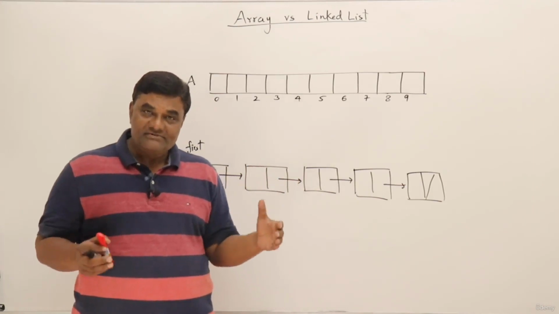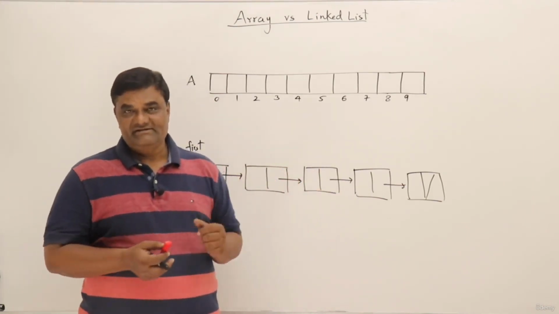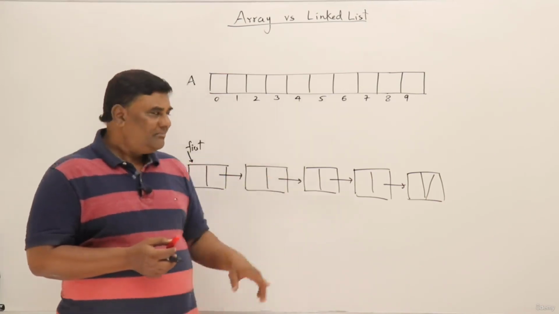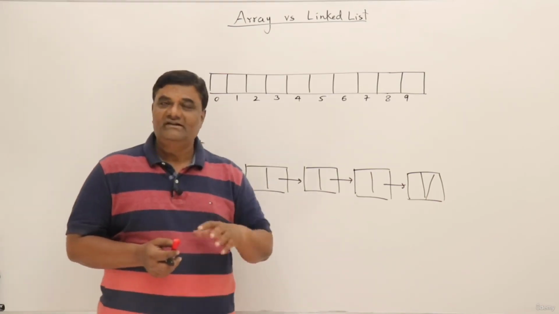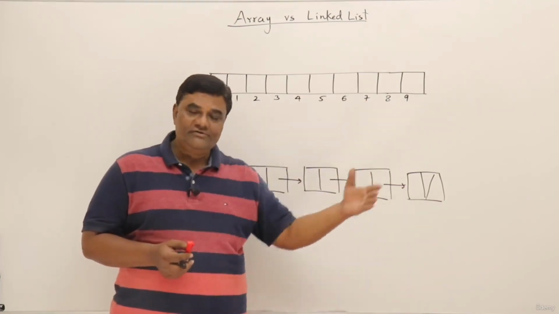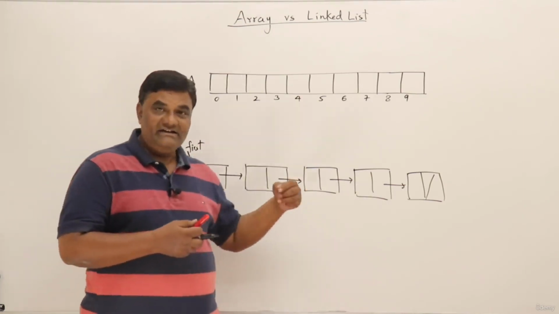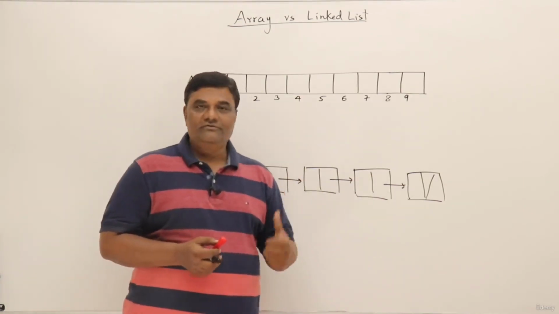If you know the maximum size, then create an array. It may be wasting space if you are not storing it fully. But with linked list, when you don't know the length, you can go on creating nodes and adding them, and also you can go on reducing it. So when you're not sure how many elements, what the list size is, then you can go for linked list.